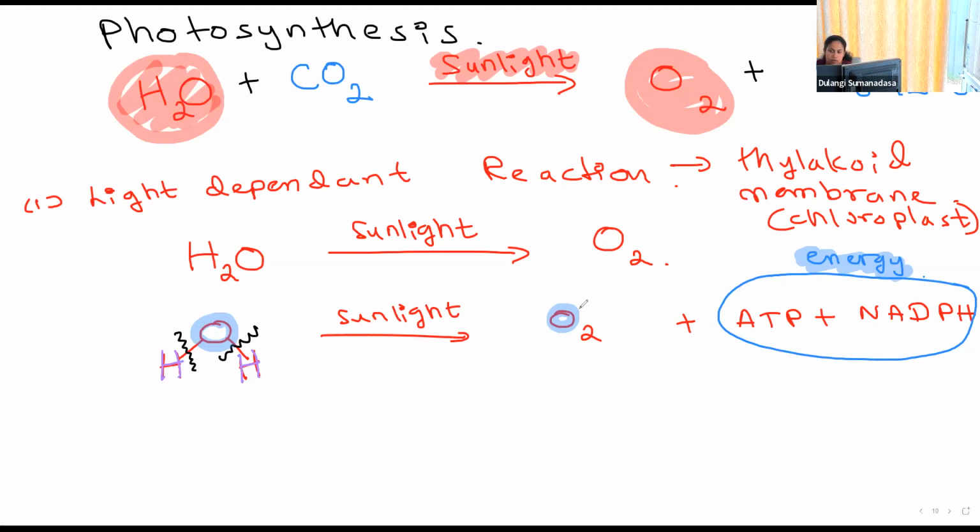Okay, so write down the oxygen as a byproduct. The main product is the energy. So the oxygen ends up in the oxygen gas, and this oxygen will go out through the stomata. Write it down, these are the things you need to know. Can you just highlight oxygen being in the oxygen gas?